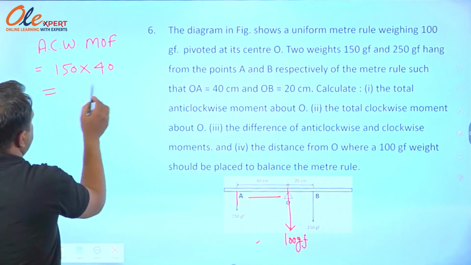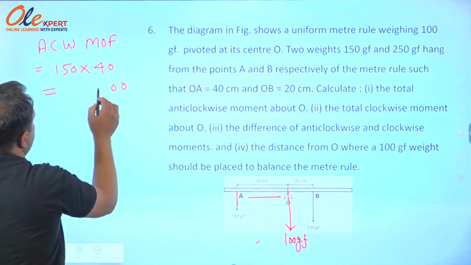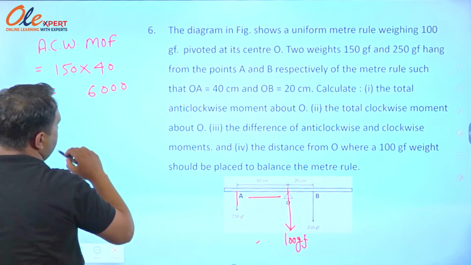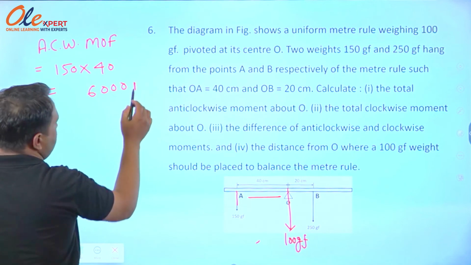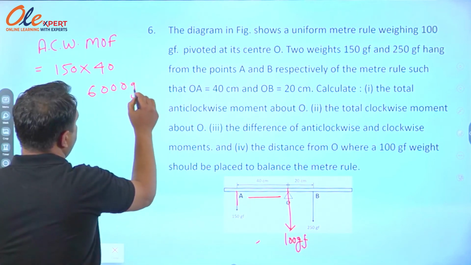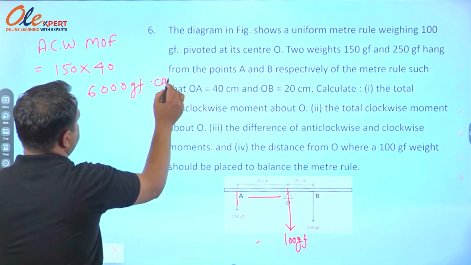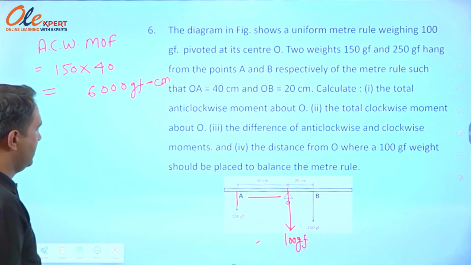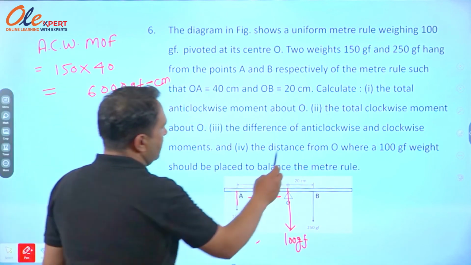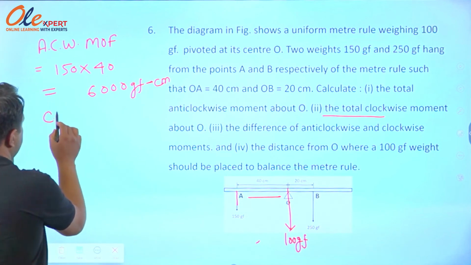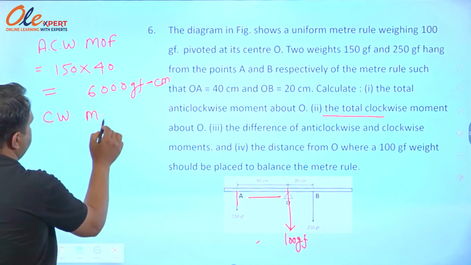So this will become 6,000 GF centimeter. This will be the moment of force anti-clockwise.